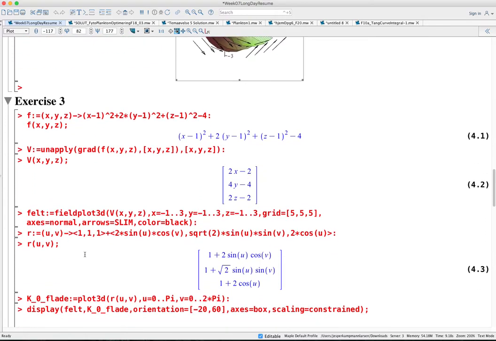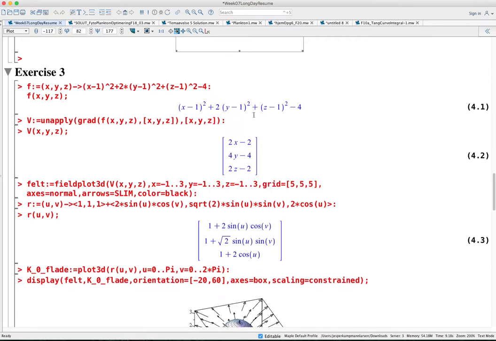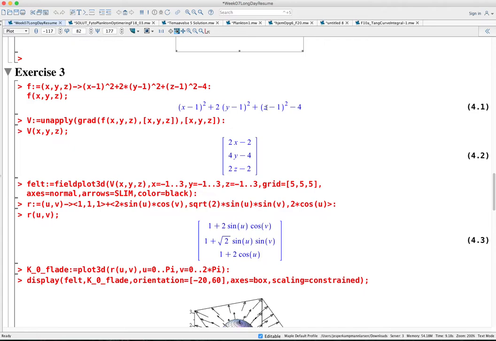Now for exercise 3, we have this function here, and we are looking at a specific surface, the level surface corresponding to the value 0.